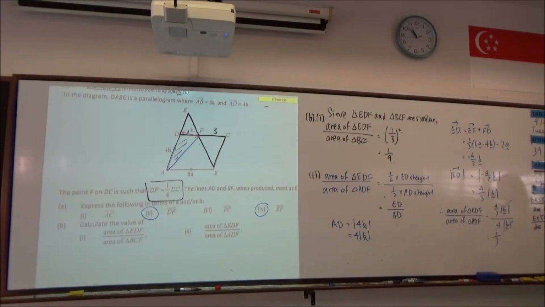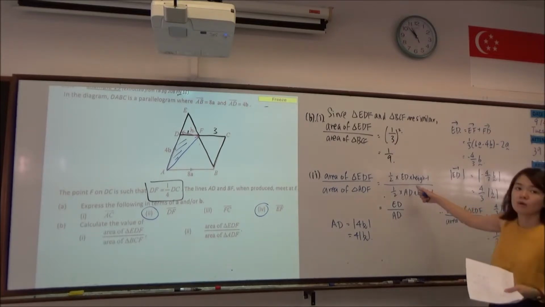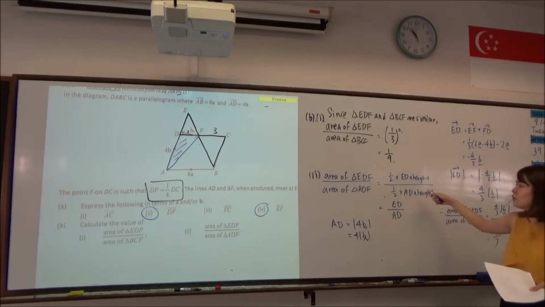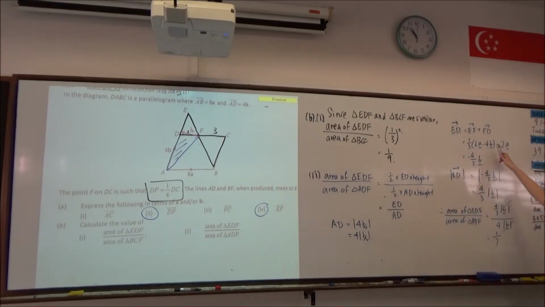Yes, Noel? Why can't we use the ratio of ED to DA? Isn't that what we use? Why did I, sorry? This part, is it? Can I just use 1 third times 4 because ED and EB are symmetrical?